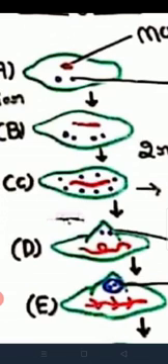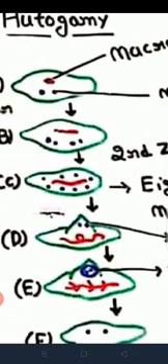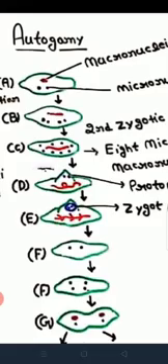The macronucleus, the red color dotted macronucleus, starts to swell up, right? See picture C. The dotted nuclei are called micronuclei. That micronuclei undergo a second pre-zygotic division. It results in 8 micronuclei.